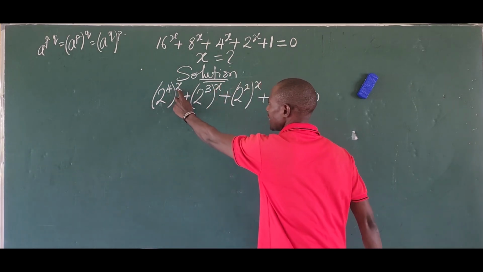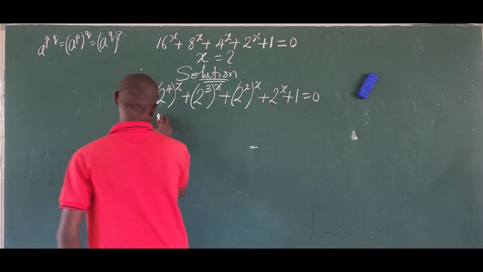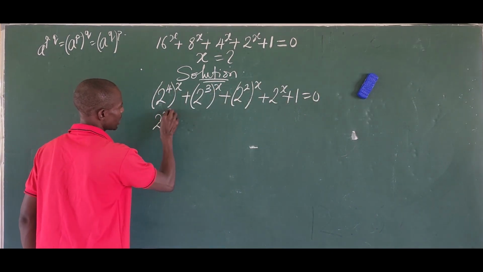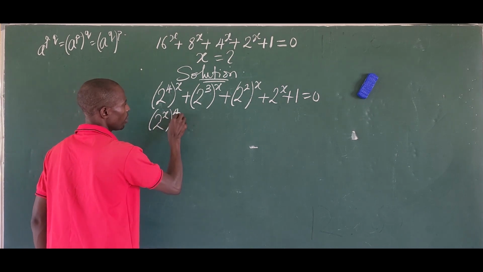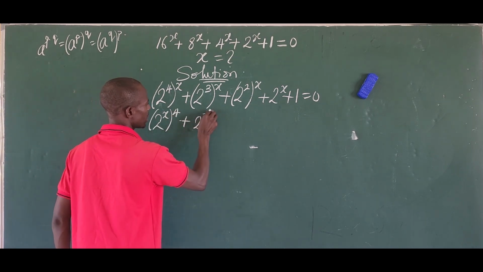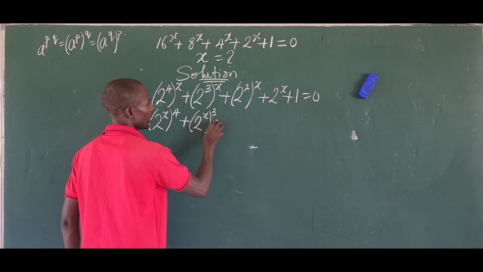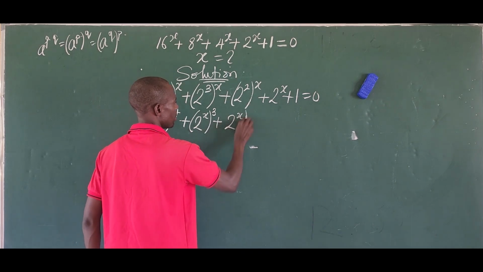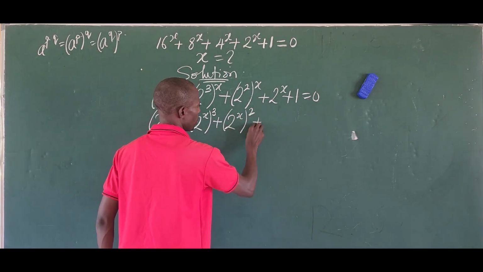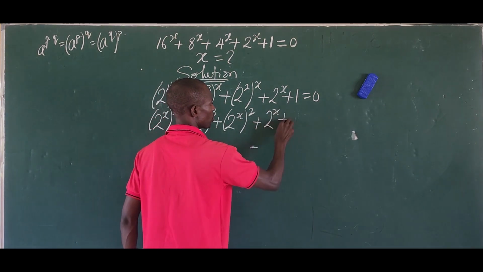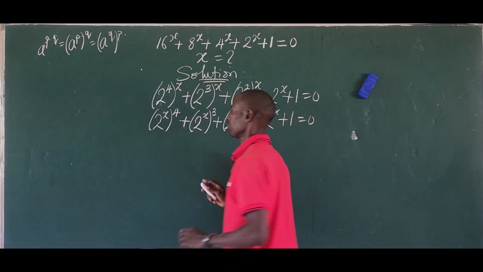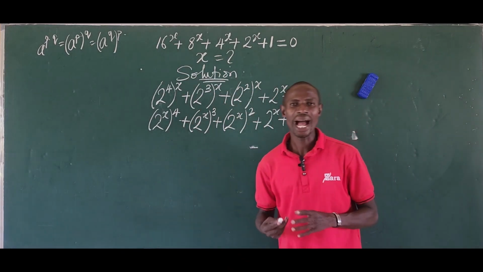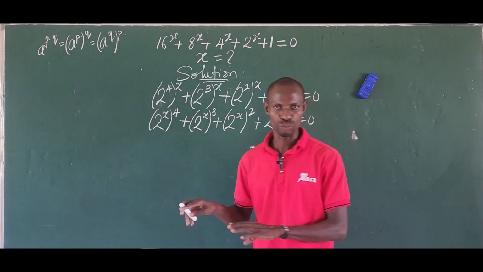Okay, so we're going to interchange this now. So this will be written as 2 to the power of x, bracket, 4, plus 2 to the power of x, bracket, 3, plus 2 to the power of x, bracket, 2, plus 2 to the power of x, plus 1 equal to 0. So you discover we are having 2 to the power of x all through here now.